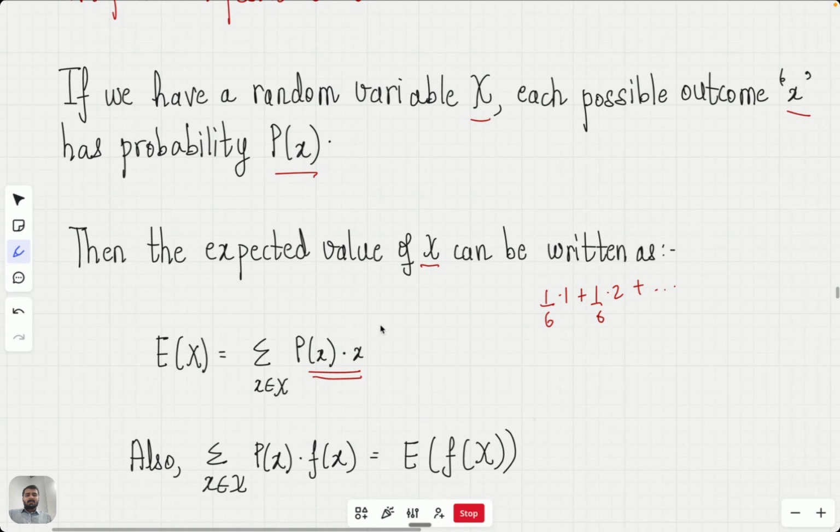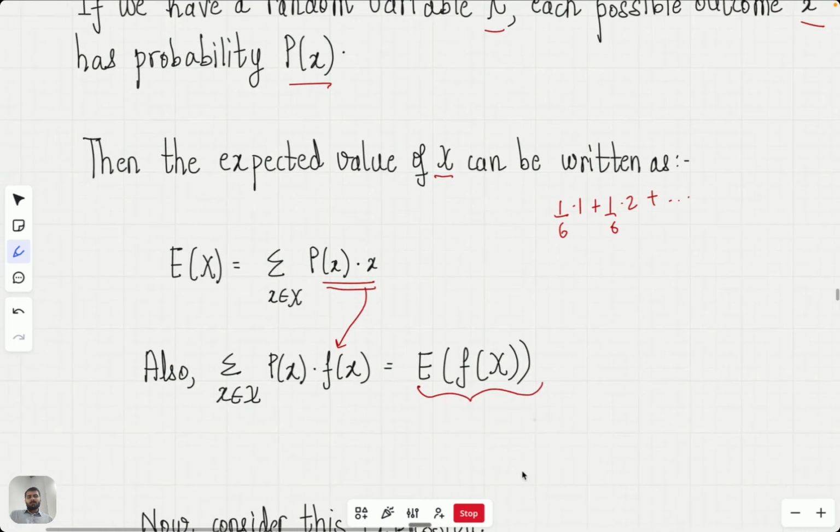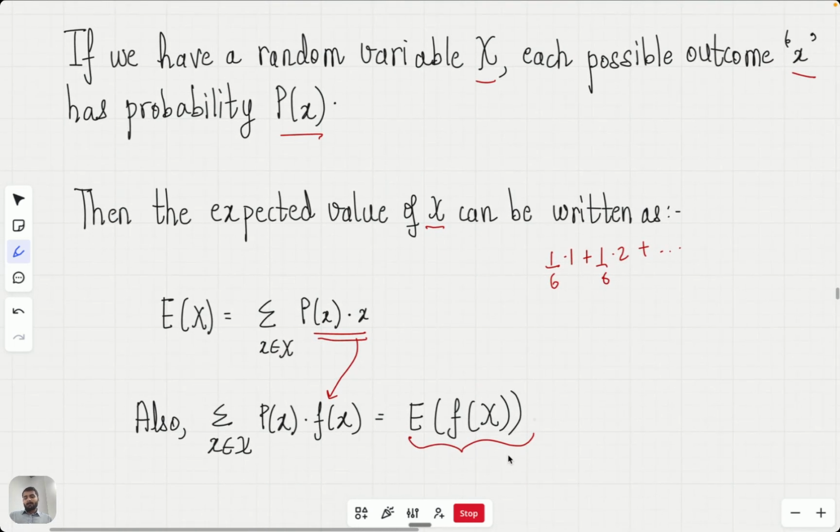Now, if we replace this x by f of x and ask the question, what is the expected value of f of x? The only thing we do is we replace this x with f of x, and the expression becomes the sum of p of x into f of x, which is equal to the expected value of f of x. So, this is the fundamental expression which helps us calculate the expected value of a random variable and any function of a random variable.